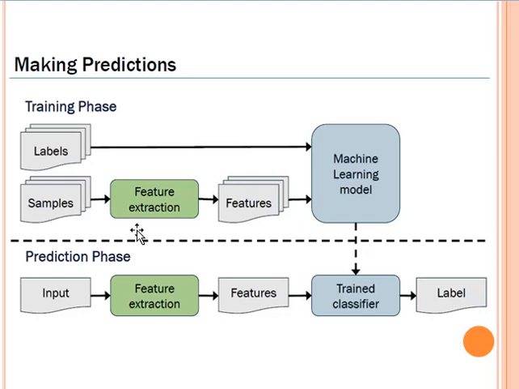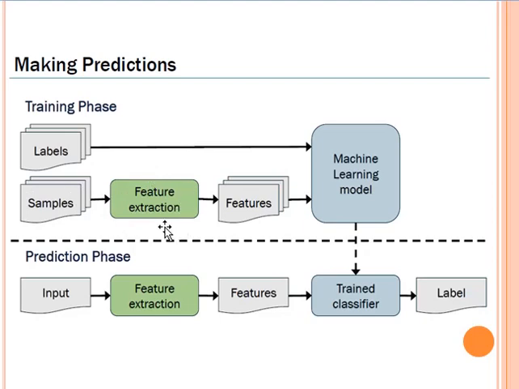I gave you a couple of examples. Say, for example, in a face recognition application, my features can be facial textures, and in some other applications such as weather forecast or stock market prediction, I can be looking into various landmarks which can help us learn the underlying characteristics of these samples.